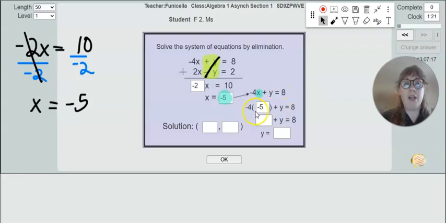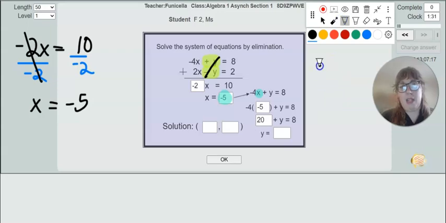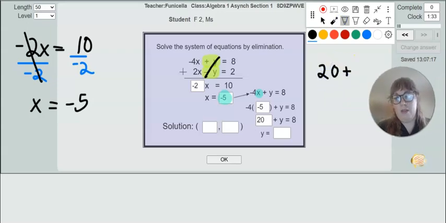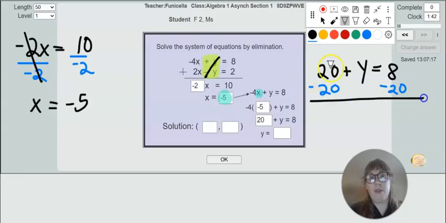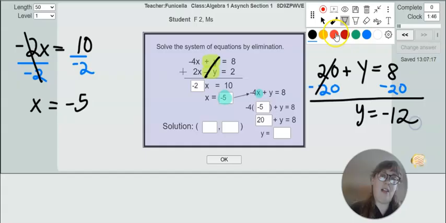So we have negative 4 times negative 5 plus y equals 8. Negative 4 times negative 5 is a positive 20 plus y equals 8. So opposite operation, since it's a positive 20, we're going to subtract 20 from both sides, and we get y equals a negative 12.